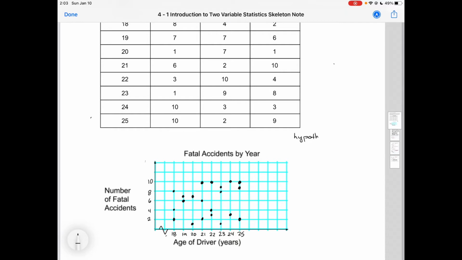Now, before I made the scatter plot, I already had an expected result, which would be my hypothesis, and I would have guessed that as driver age increases, the number of fatal accidents decreases, which would have been shown by a scatter plot that looked something like this.